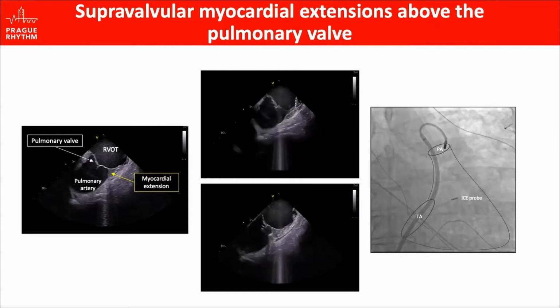In some cases, the ablation catheter has to be introduced deeply in the pulmonary artery, usually with the help of a long steerable sheath, and then this catheter has to be flexed and pulled back to get good contact with these myocardial extensions.